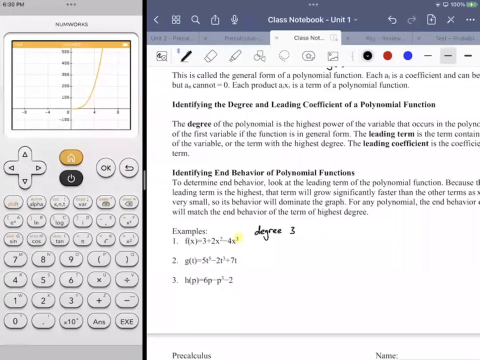Now, whatever the coefficient is that's associated with the term with the highest power, that's going to be your leading coefficient, even if it's not in the first position of the polynomial. So my leading coefficient is equal to -4.